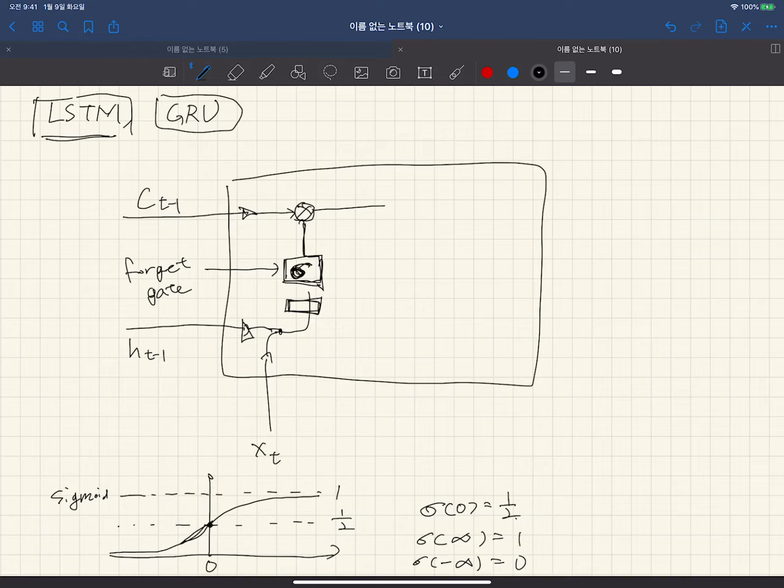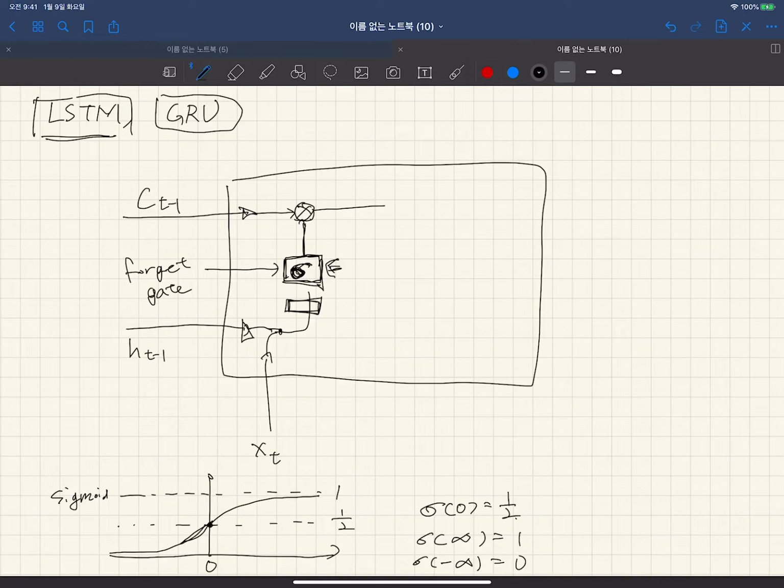Then this product means element-wise product. To define the element-wise product, at this gate we have to have the same dimensional output. So you have to have the same dimensional value between 0 and 1. And of course, you can control each dimension of the gate independently. Okay, so this is the forget gate.